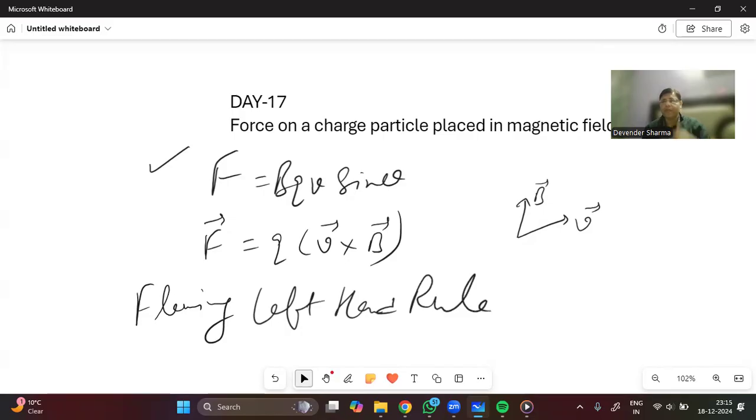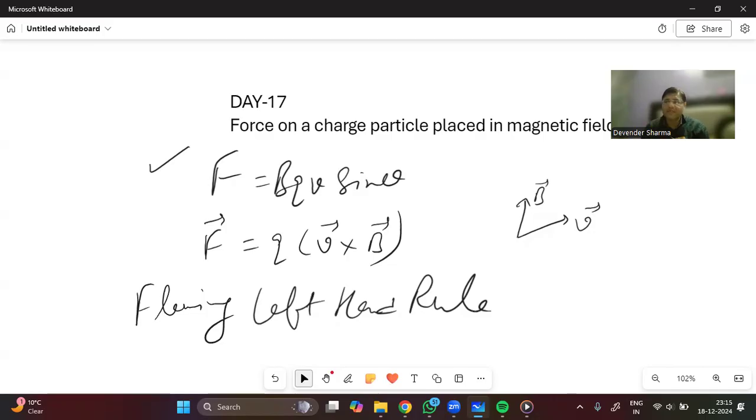Fleming's left hand rule is this one: force, magnetic field, and then current. FBI. The most important thing is FBI. F for force, B for magnetic field, and I for current. Here, because we haven't been given the current in this equation, we'll be using this as the velocity.